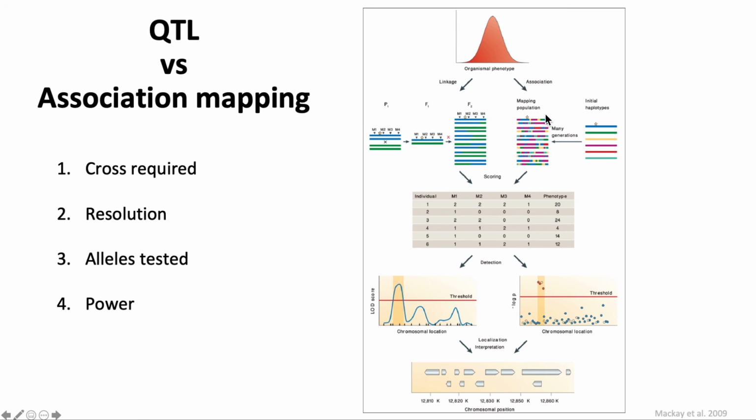So as you can see here, using association mapping or a diverse population is more complex than using a biparental population where we select the parents to basically have a difference in the phenotype in the population. That is why the power in a biparental population is higher. But again, if we can detect the regions with association mapping, the resolution is going to be higher.